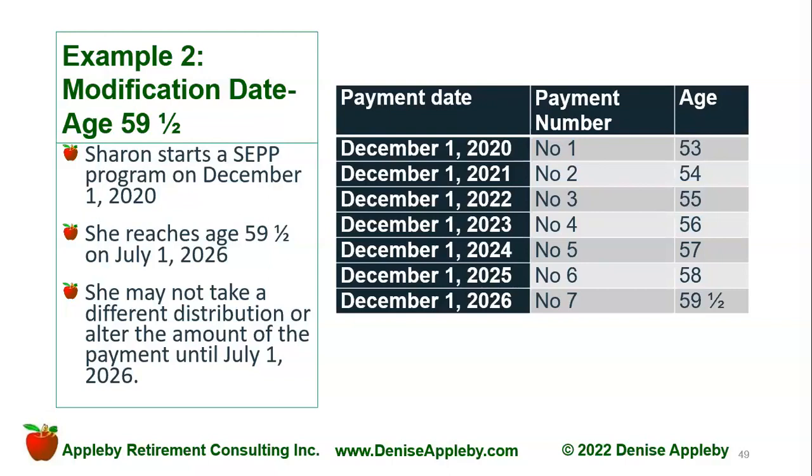And so they tried to disqualify the 72T program, but the taxpayer disagreed with the IRS, took them to court and won. The tax court said, listen, the additional amount that was taken was for higher education expenses. That qualifies as an exception to the 10% early distribution penalty. Therefore, that does not result in a modification.